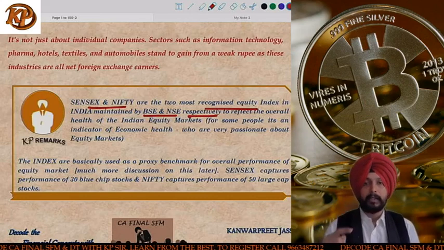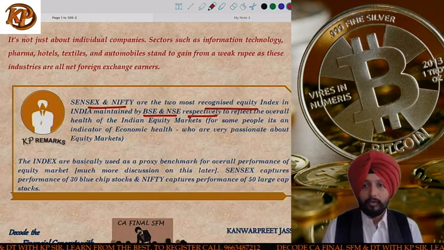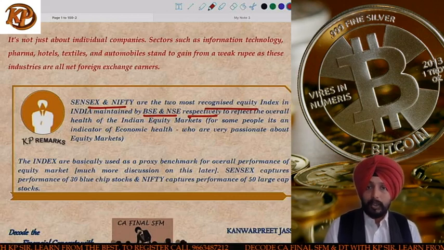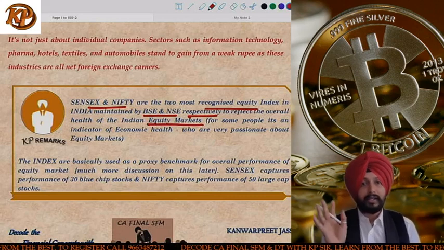That is, Sensex is maintained by BSE and Nifty is maintained by NSE to reflect the overall health of the Indian equity markets. And then this line is given in the bracket that we will read later on.